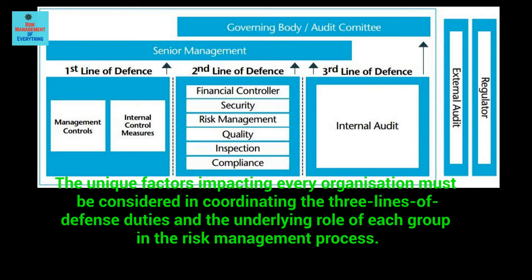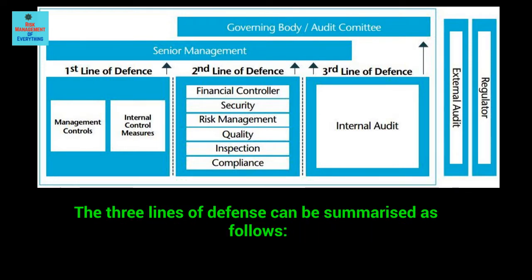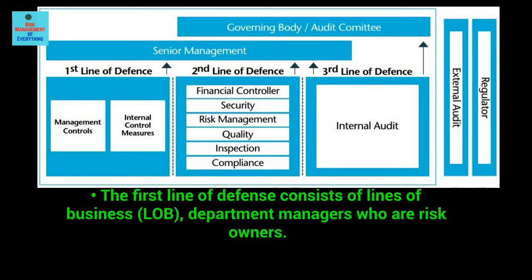The unique factors impacting every organization must be considered in coordinating the 3 lines of defense duties and the underlying role of each group in the risk management process. The 3 lines of defense can be summarized as follows. The first line of defense consists of lines of business, LOB department managers who are risk owners.